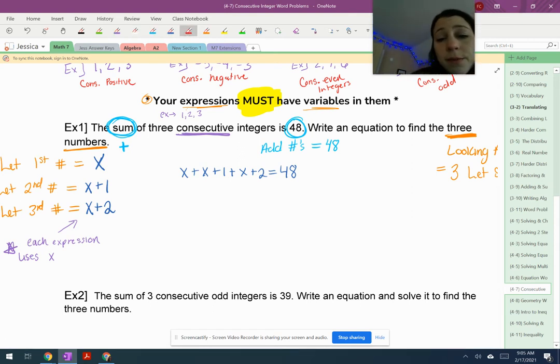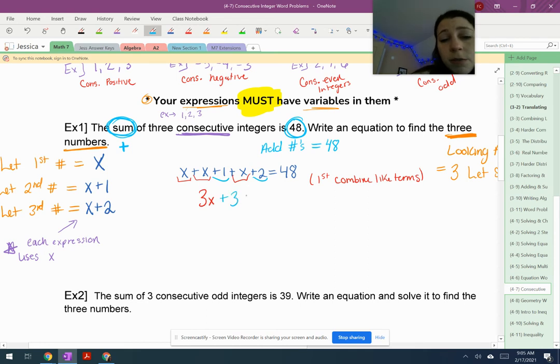Let's do it in red. X plus another X is going to give me 3X. And then 1 plus 2 is going to give me plus 3 is equal to 48.